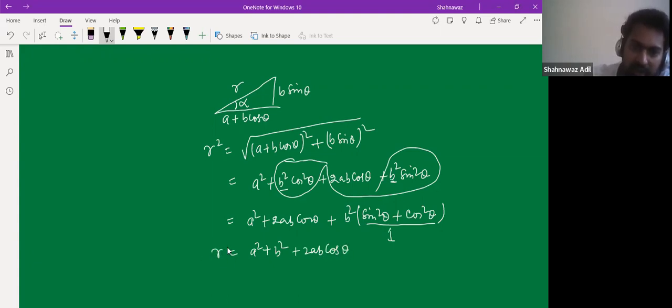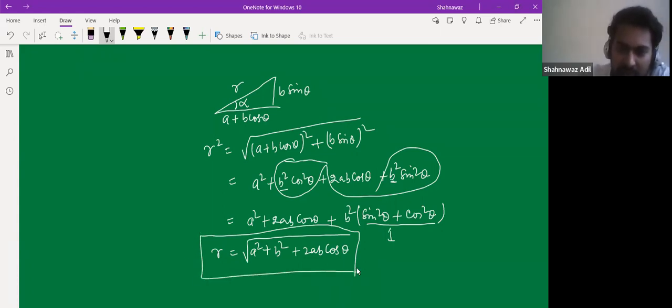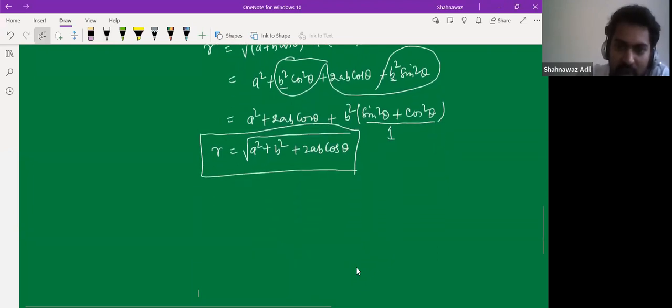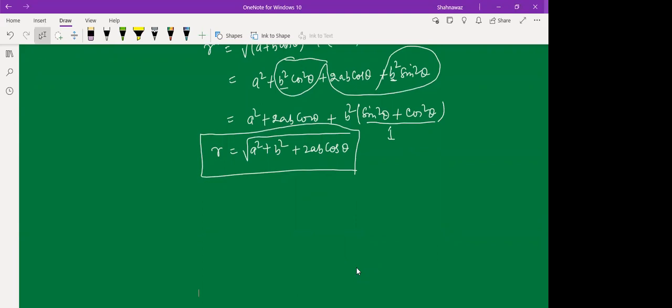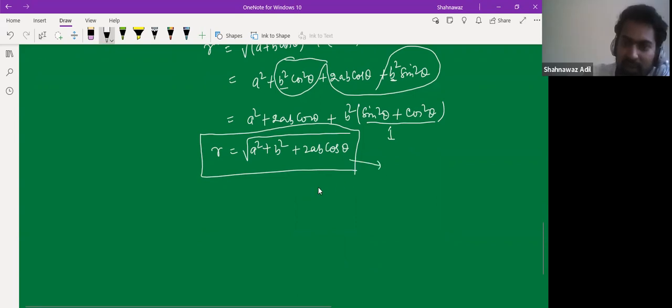And this is R squared. So R is the root over this. So this is the resultant of the two vectors. Understood up to this point? Yes, sir. And this is called the cosine law.